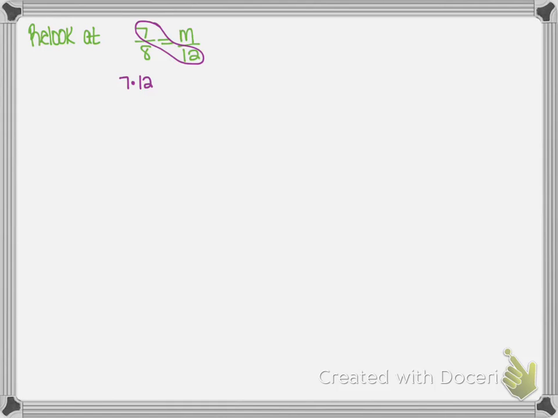So just start at one numerator, multiply it by the opposite denominator, and then do the same thing with the other numerator. So we have 7 times 12, and now we have 8 times m, and all you need to do now is bring down that equal sign. Okay? And now, just by using inverse operations, we can solve for m.